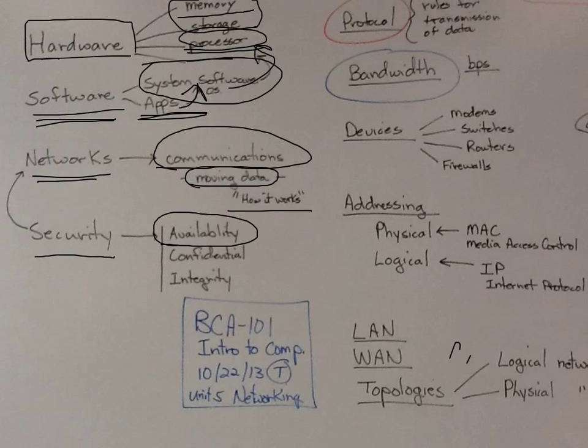So we want to make sure that data is confidential. More or less only those can see it that should see it. That people that shouldn't see the data don't. And then we have to make sure the data is accurate. The integrity of the data. The data doesn't get changed when going from one location to another, or the data as it's stored doesn't get changed, and so forth. And those will be the emphasis later on next week.